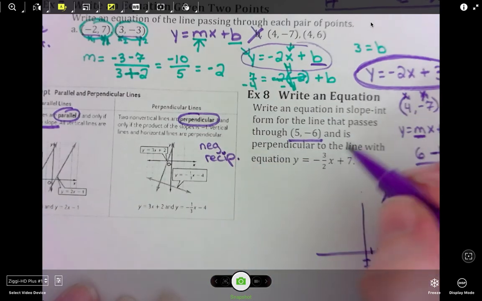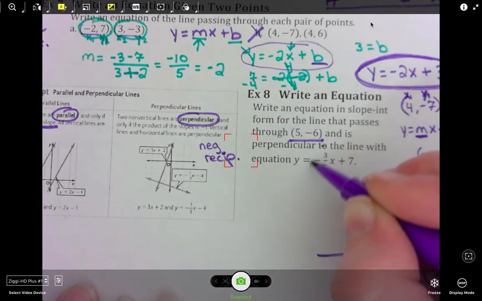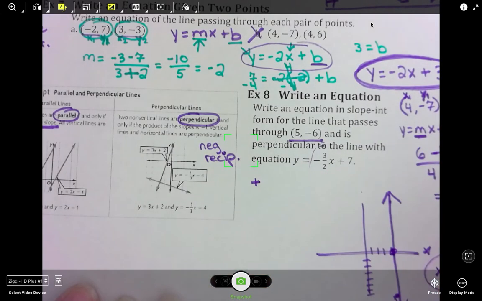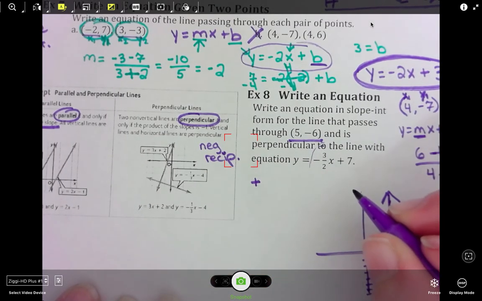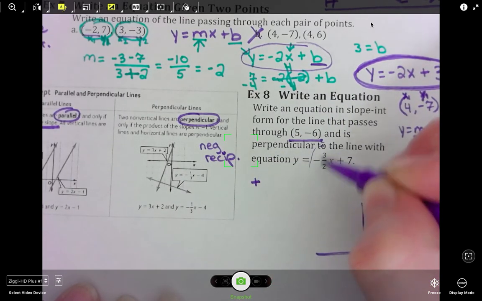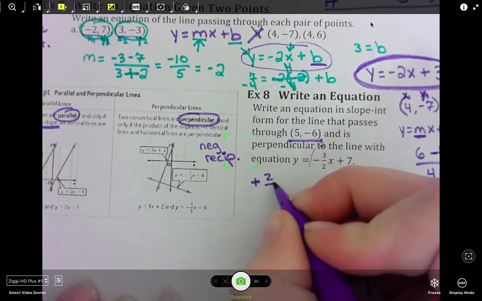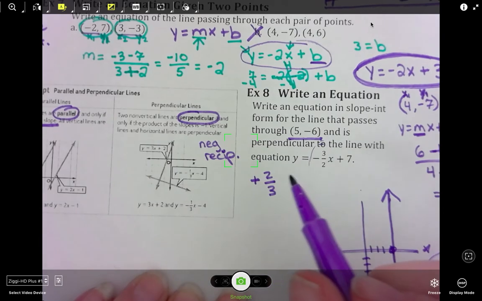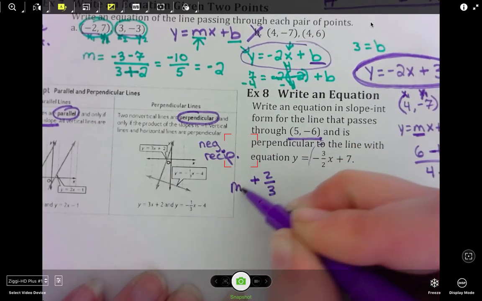Negative means it's the opposite sign. So if this is -3/2, I want it to be positive instead of negative. That's the negative part. And the reciprocal means I'm going to take 3/2 and flip it, so 2/3. So I know the slope has to be 2/3.